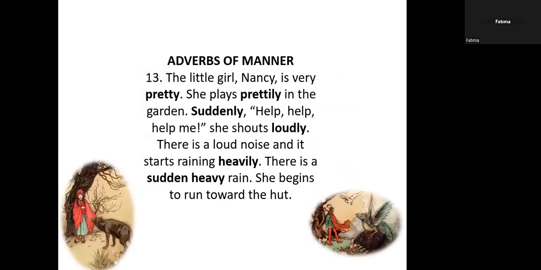Now, again, let's focus our attention on adverbs of manner especially. Okay, it is a paragraph as a context. 13. The little girl Nancy is very pretty. She plays prettily in the garden. Suddenly, help, help, help me, she shouts loudly.